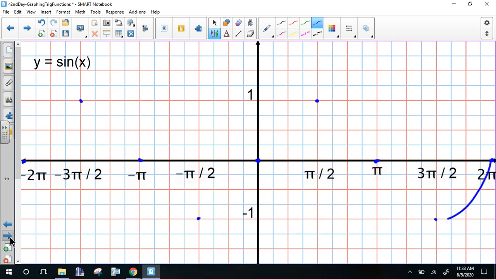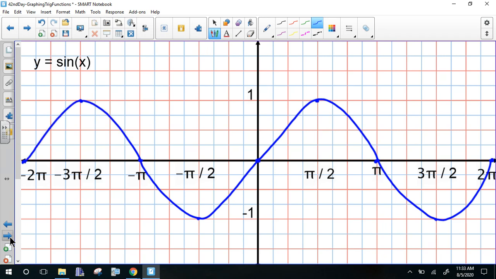So if we connect the dots, sine looks like this. This is a periodic function. It runs in cycles. So after 2 pi, if we go from here to here, that's one cycle.